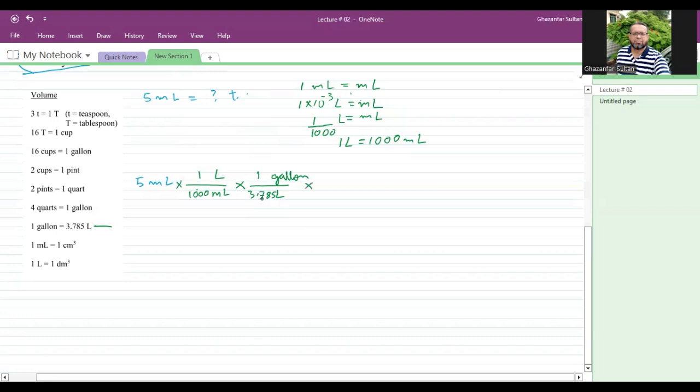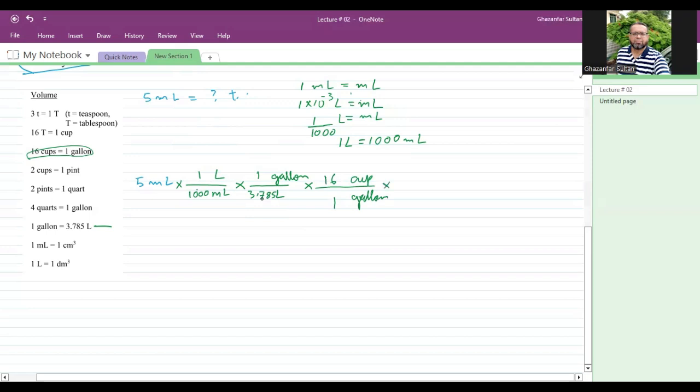And then you have to remove gallon with any appropriate unit that we have. Gallon with quarts, but no direct relationship. But here we have a direct relationship between cups and the gallon. So 1 gallon is equal to 16 cups.